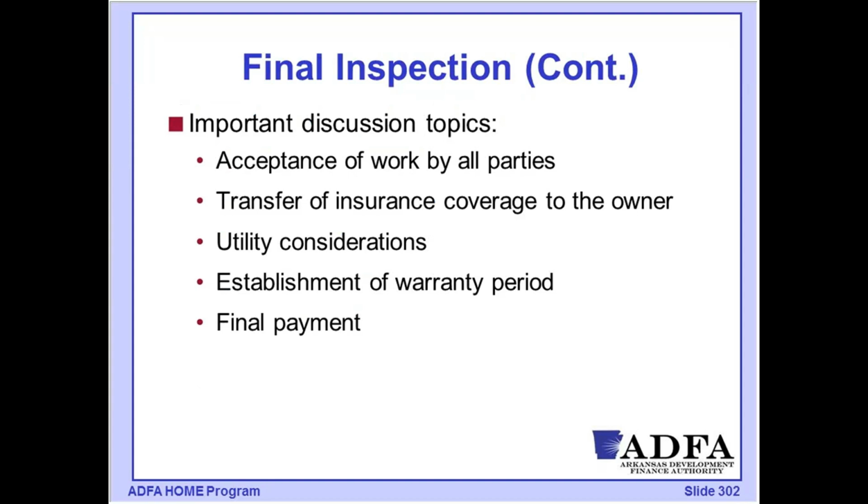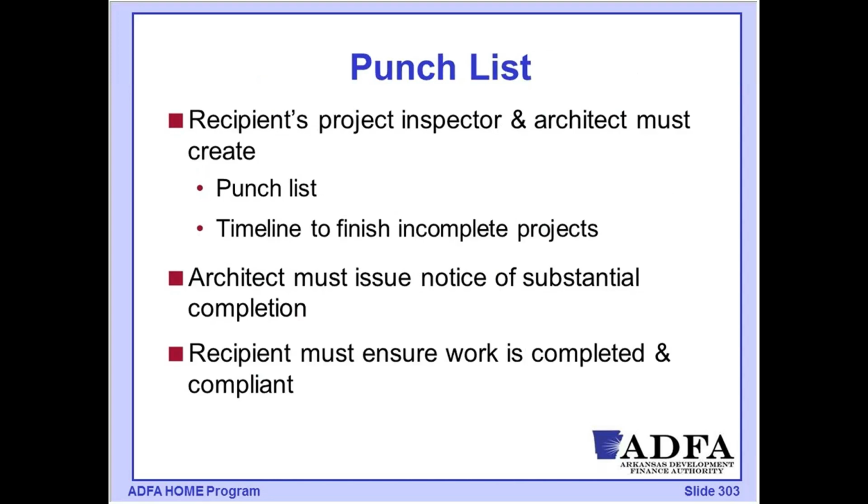Sometimes there's also a transfer of utilities now that construction has been completed. This final inspection triggers the beginning of the warranty period. Our standard is 12 months, and it's one of the essential things to be eligible for the final payment on that project.